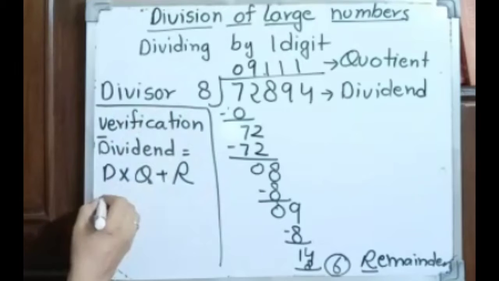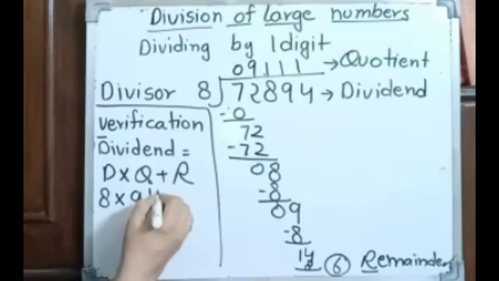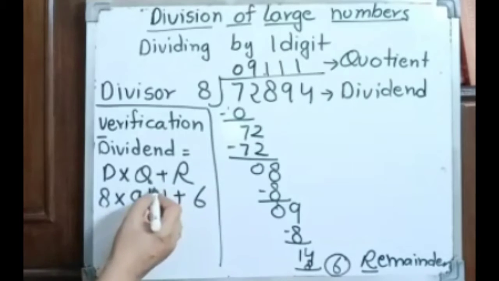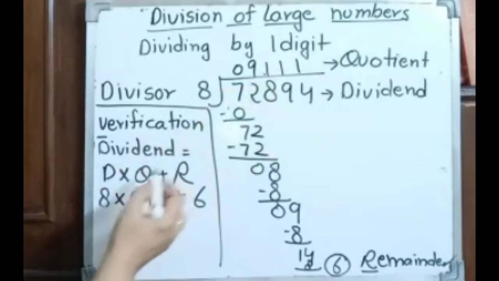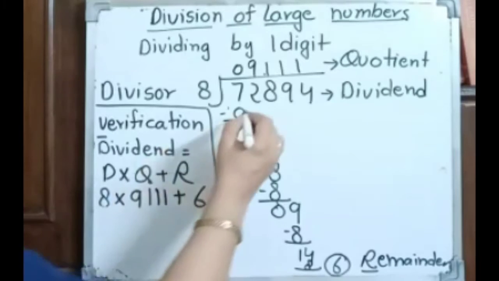So we have divisor 8 multiplied by quotient 9111 plus 6. So multiply this with 8. So what will be here? Do it like that. 8 multiplied by 9111 and plus remainder. So the answer will be the same.